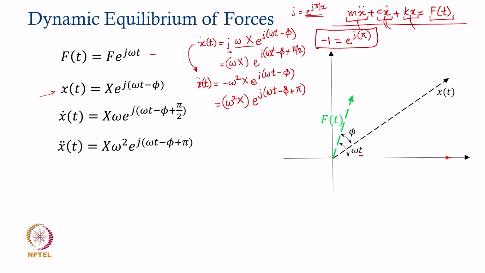So, the two derivatives x dot and x double dot have their amplitudes given by these, and their phases are these.